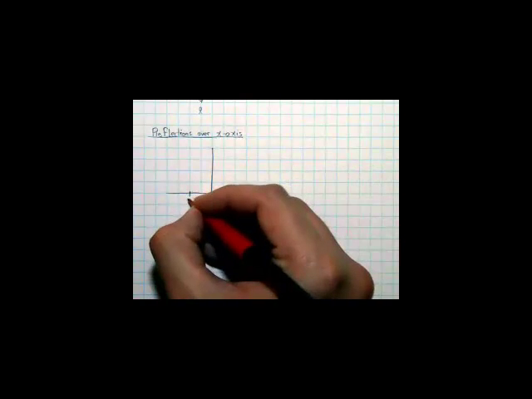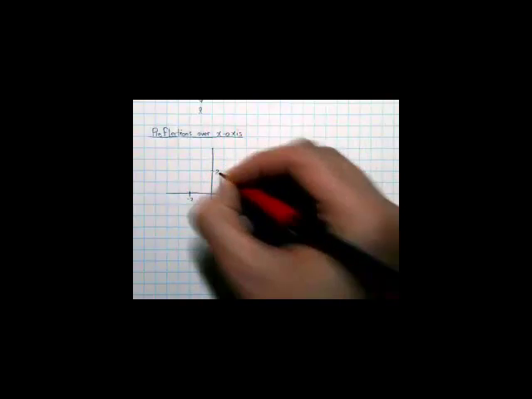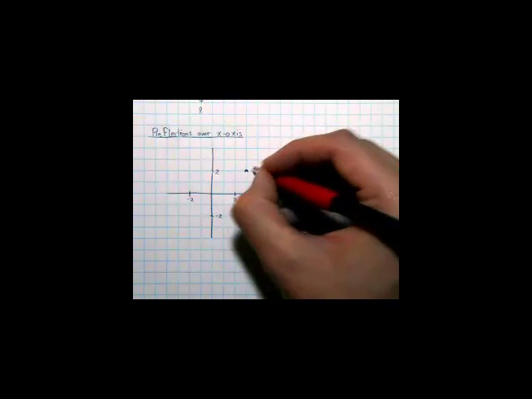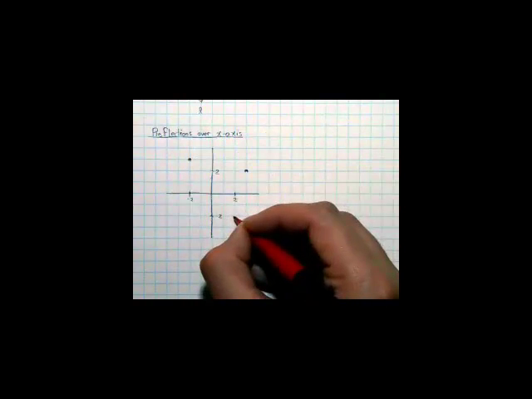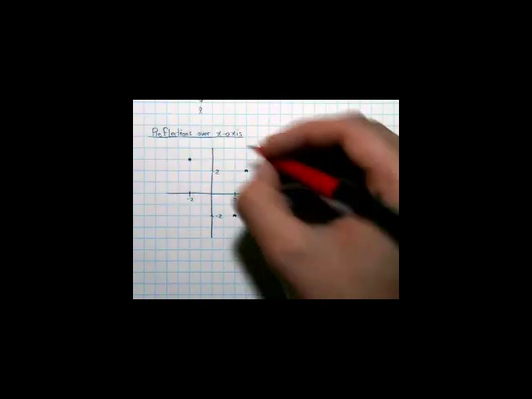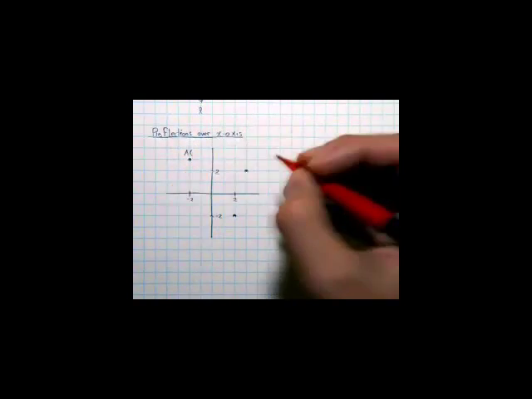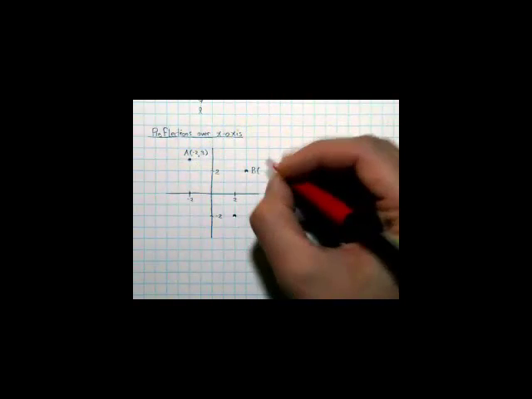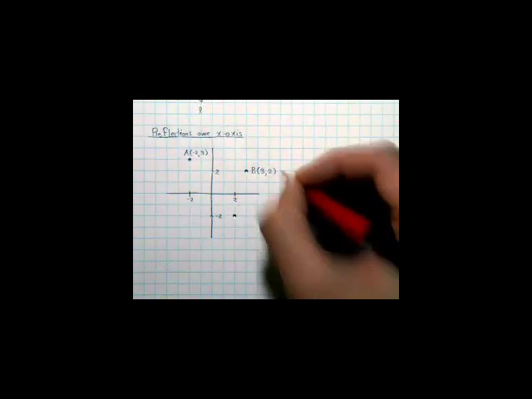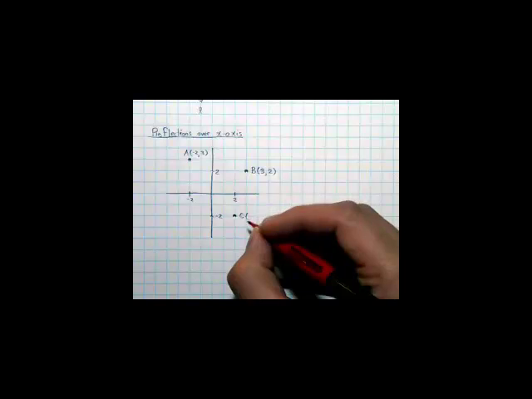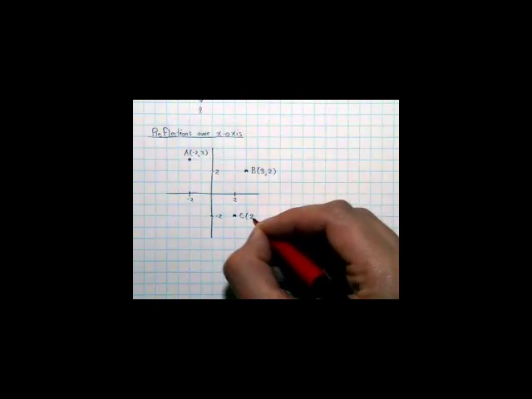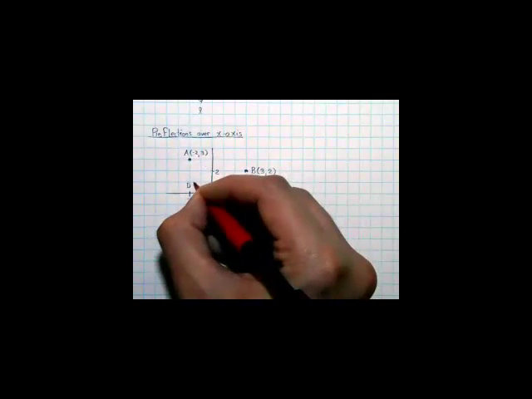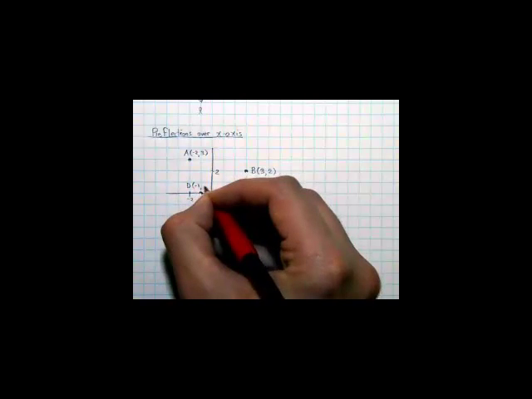So we'll draw just a small coordinate plane here going out to 4 in every direction. Have a few points here. C is at 2, negative 2. And maybe we've got D over here at negative 1, 0.